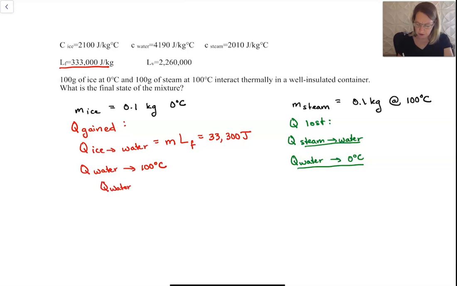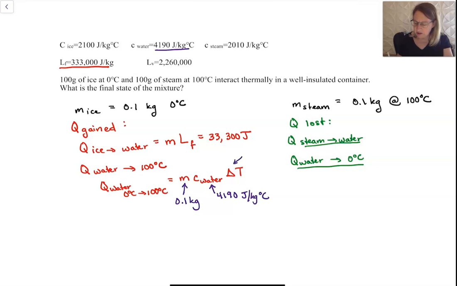Okay, then the heat for the water to go up to 100 C, that heat, Q, it's now water, to go from 0 C to 100 C is equal to the mass times the specific heat of water times the change in temperature. And so the mass is still 0.1 kilograms. The specific heat of water is this, 4,190 joules per kilogram degrees Celsius.